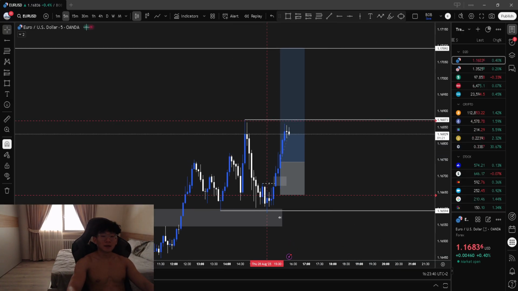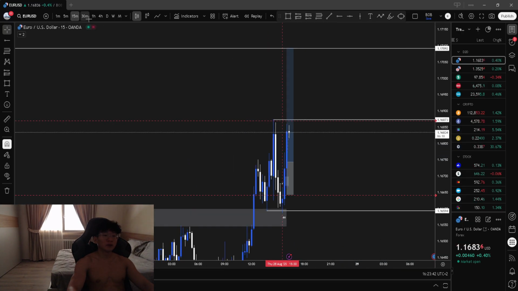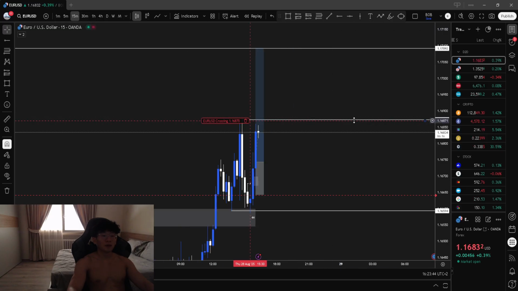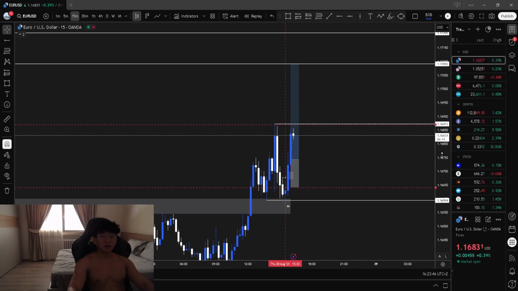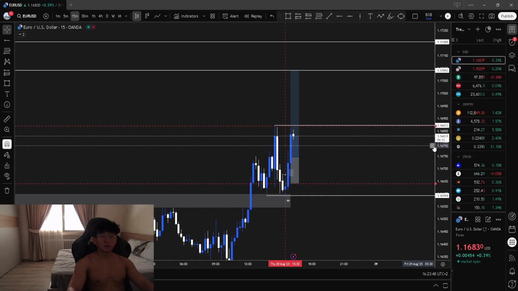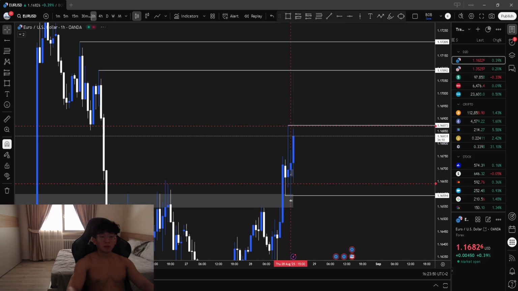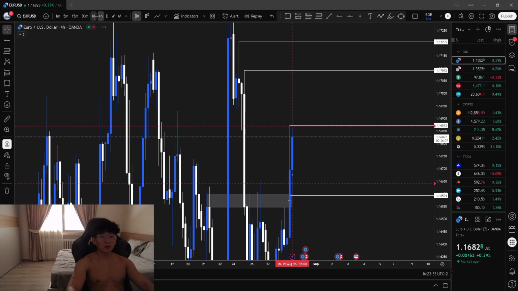But in that case, I will follow my emotions and not my rules. In fact, it's still looking pretty great on multiple time frames.